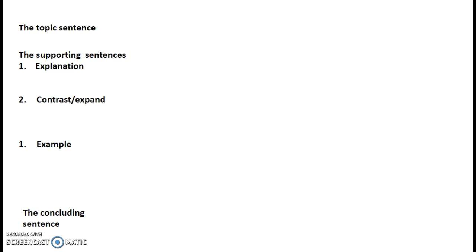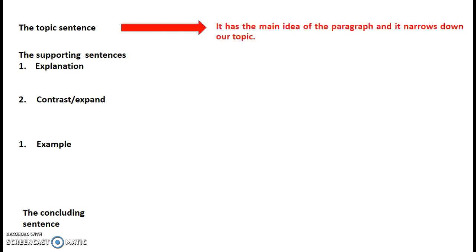This time I'm gonna do the same for you to understand how the first paragraph in our position paper has to be structured. First of all, I want you to have a topic sentence. As we have talked about in class, the topic sentence has the main idea of the paragraph, and it narrows down the topic. Now, there are different ways to write a topic sentence.